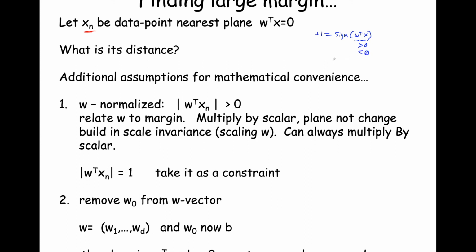And so given that assumption, let's think about what a hyperplane is. Our hyperplane is our linear model W. Now certainly we can assume that W is going to be normalized so that W transpose x, when we talk about this point off the plane, xn, the magnitude of W transpose x is going to be greater than 0, right? And we look at this magnitude because we don't care if this point nearest to the plane is on the positive side of the plane or the negative side of the plane.